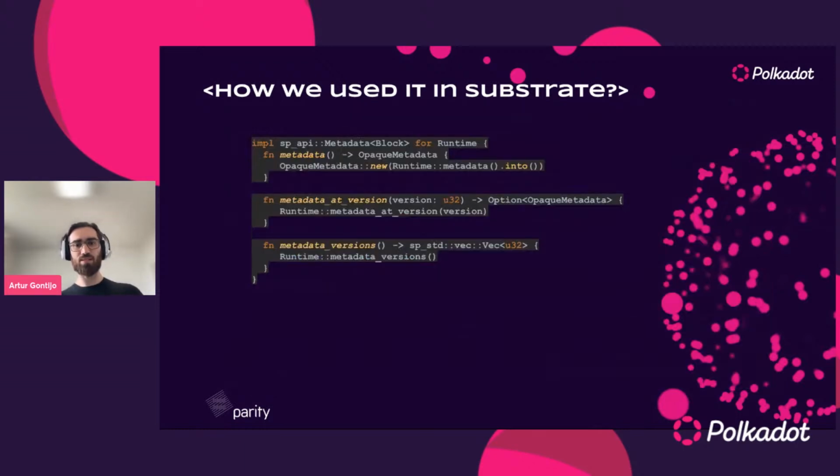Okay, so the last thing, and very important, is this Metadata trait that the node template also implements for its runtime, and it has the inner method metadata. The magic here is that this is the metadata for the current runtime.